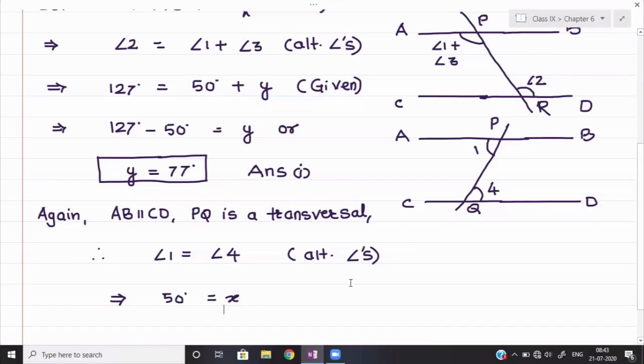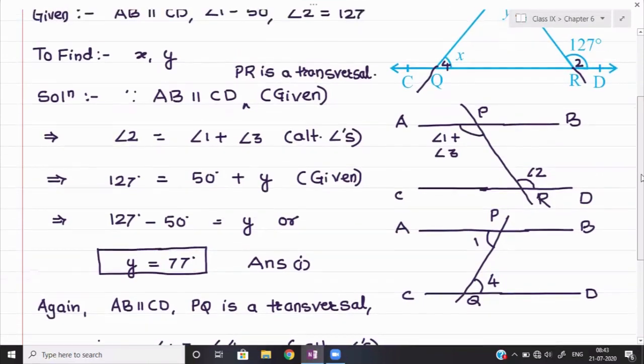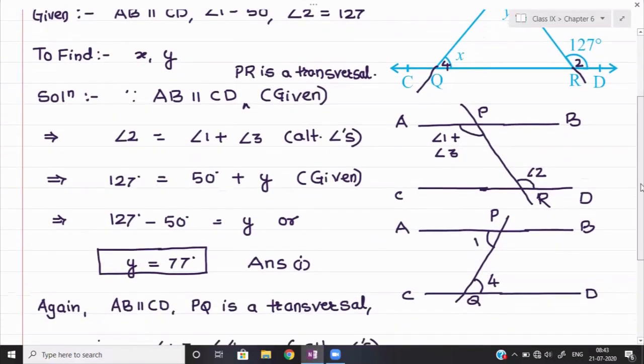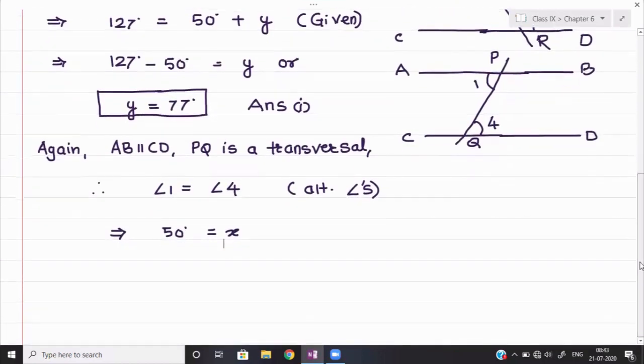Shall we check angle 1 once? You can see that it is 50 degrees, and angle 4 is equal to x over here. So we can say that the value of x is 50 degrees, and that is our second answer. You can mention here this is answer number second.